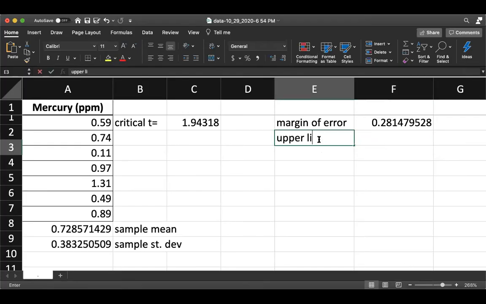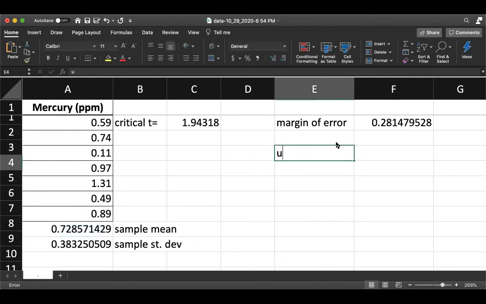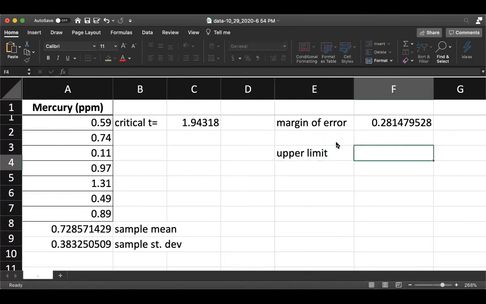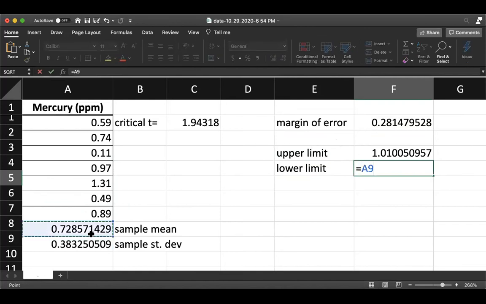So my upper limit is the sample mean plus the error. Oops, having a hard time with that. I guess it's too close by, so let's do it here. I want the sample mean plus the error. And then the lower limit, I want it to be the sample mean minus the error.